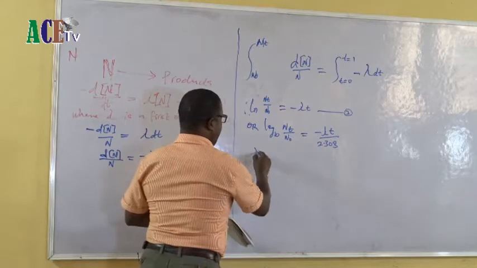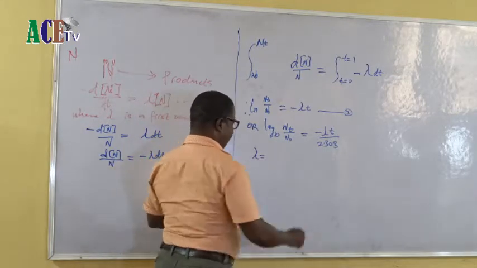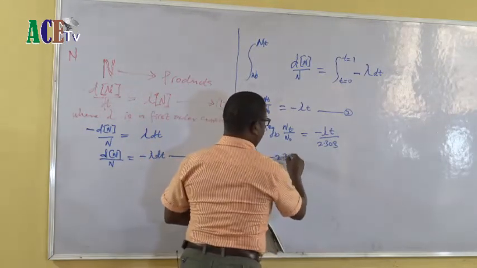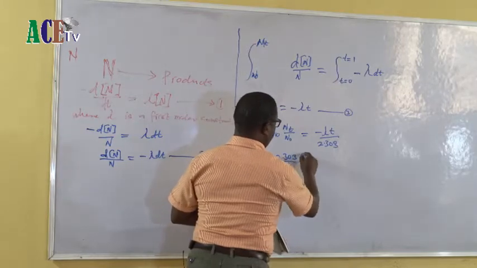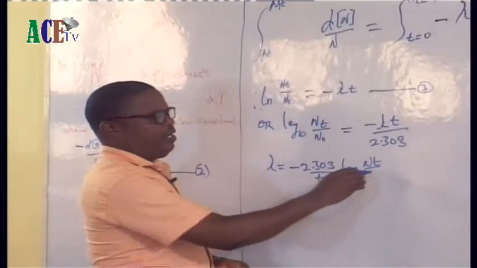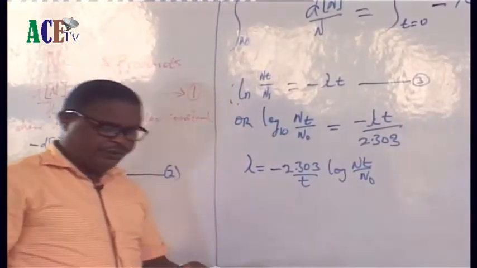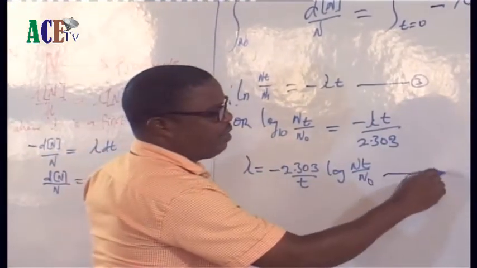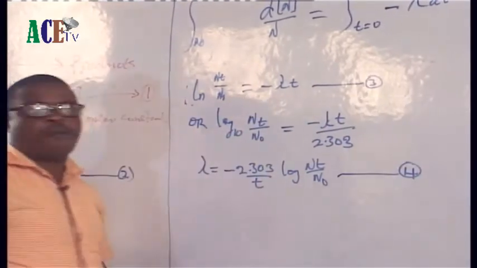So that means our lambda here is equal to minus 2.303 all over t log of Nt over N0. So that one is given as our equation 4.